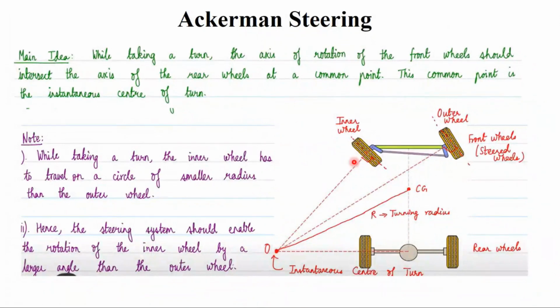to the inner wheel center, which is perpendicular, you can see this is perpendicular, to the longitudinal axis of the wheel. Similarly, I'm going to connect the point O to the outer wheel, perpendicular to its longitudinal axis.